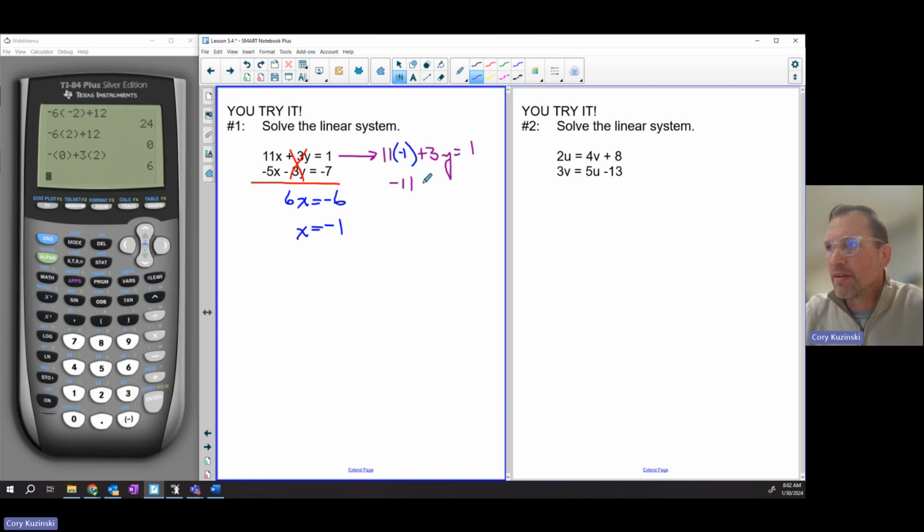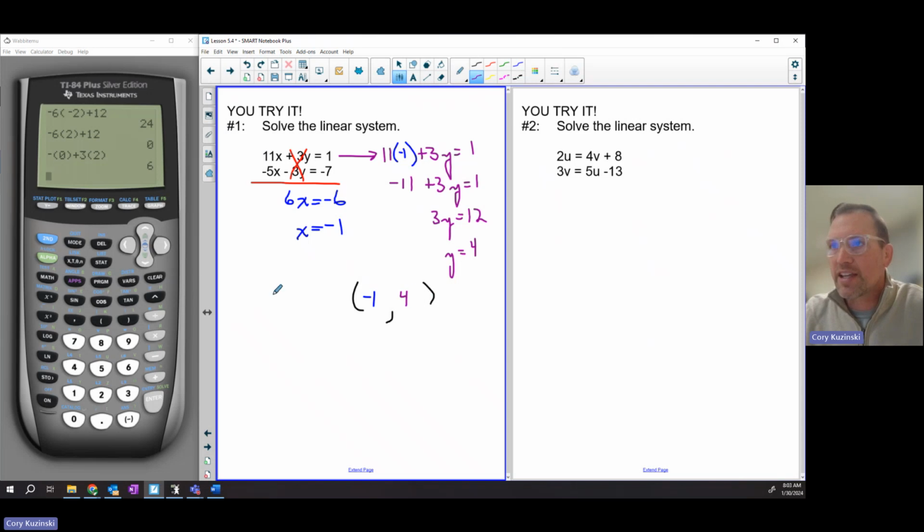That's -11 plus 3y equals 1. Add 11 to both sides, I get 12 over here, and divide both sides by 3, and I get 4. So looks like my answer is -1 for x and 4 for y.